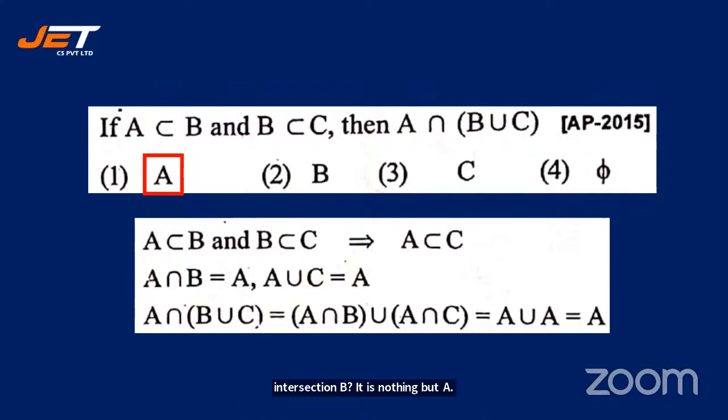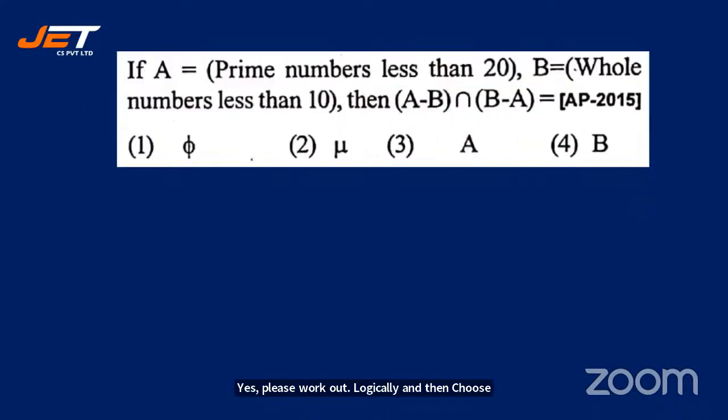It is nothing but A. So you have a formula. A intersection B union C is nothing but A intersection B union A intersection C, which is A union A, which is nothing but A. Yes, please work out logically and then choose your answer. All right. Yes. See the next question.